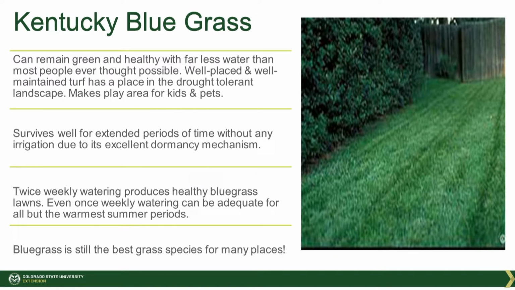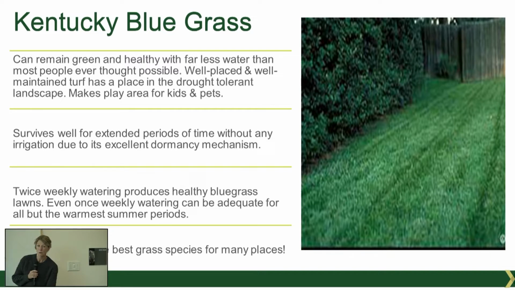So it can remain green and healthy with quite a bit less water than people generally put on it. You could water it twice a week deeply, and it would do fine, maybe even just once a week, except for in July and August when it's very hot. So that's an option. Fescues and rye also do well and maybe need a little less water and look really good. I'll pass it to Deb about the white clover.